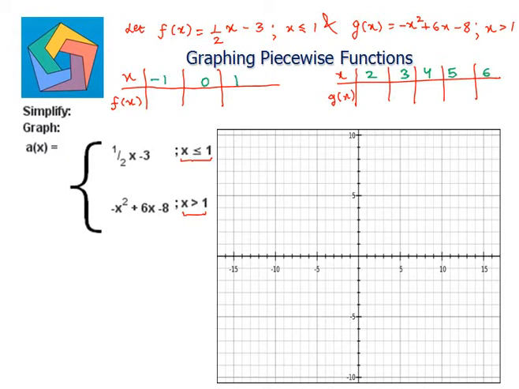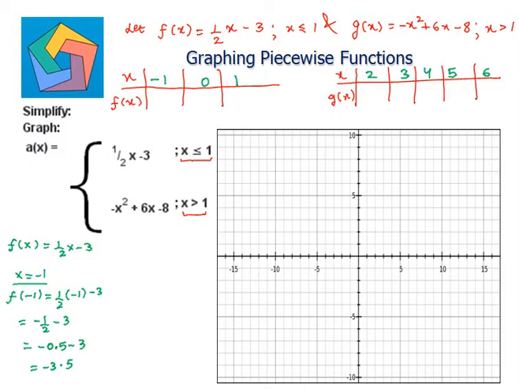So I'll take 2, 3, 4, 5 and 6. So let us calculate the values. First of all, let me calculate when x is negative 1 for f(x). f(x) is equal to 1/2 times x minus 3. When x is negative 1, f of minus 1 will be 1/2 times minus 1 minus 3, which is equal to minus 1/2 minus 3, which is minus 0.5 minus 3, which is negative 3.5.